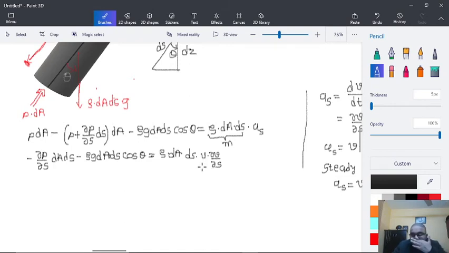So we will be dividing the entire equation with this term.